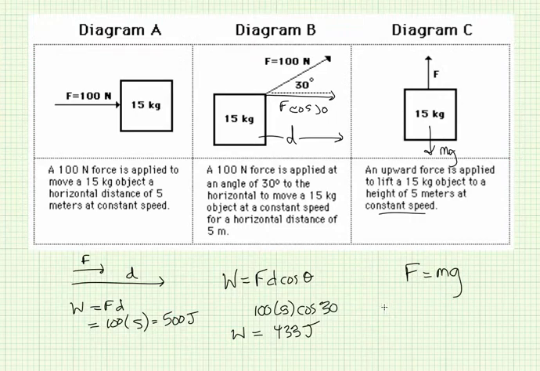So now when I calculate my work, it's going to be the force that I have to apply, which is mg, times the distance, which happens to be the height that we're traveling. I'm going to take this mass, which is 15, times my 9.8, times my distance, which is 5. That's going to give me a work of 735 joules.